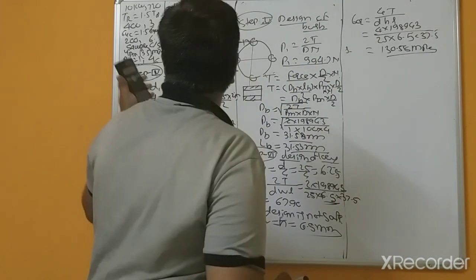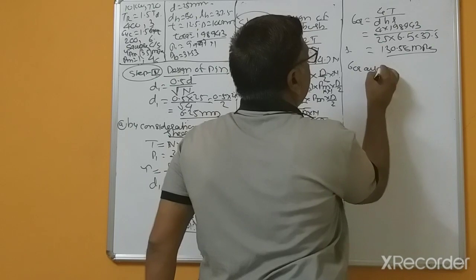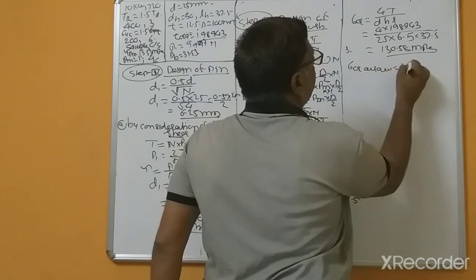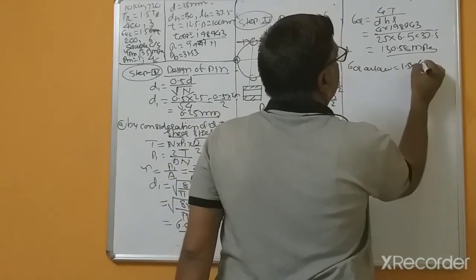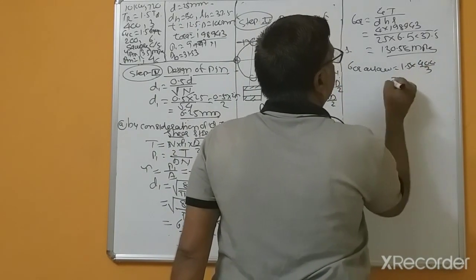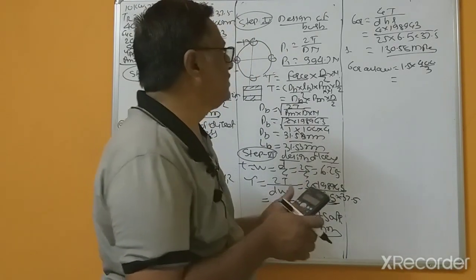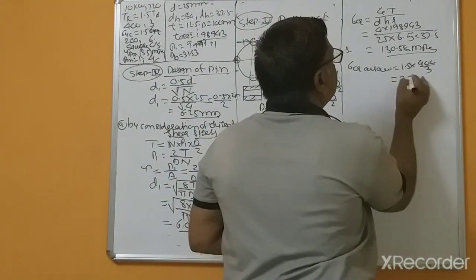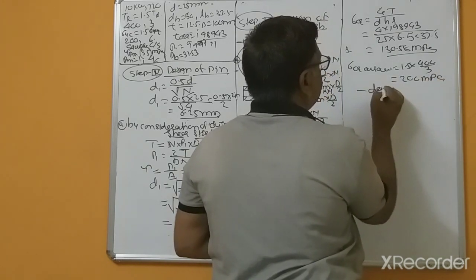And allowable crushing stress equal to 1.5 times. This is 400 divided by 3. So we'll check this. Means this is 600 divided by 3. This is 200 megapascals. So right here, design is safe.